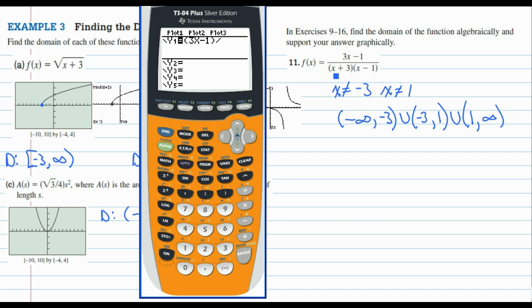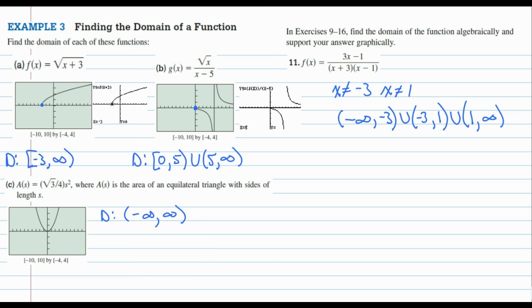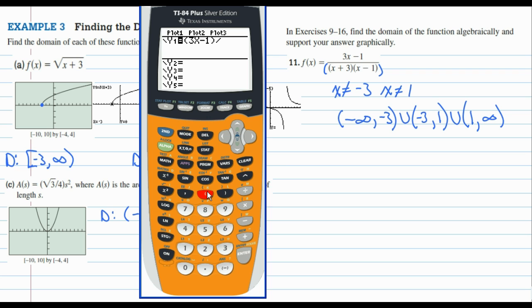Now the denominator here is going to get tricky because I need a whole set of parentheses around the entire denominator. So I need to open a set of parentheses for the denominator and another one for x plus 3. I'm going to close the x plus 3 parentheses, open a new one for x minus 1, and then close the x minus 1 parentheses and close the denominator parentheses. And now I'm going to graph.